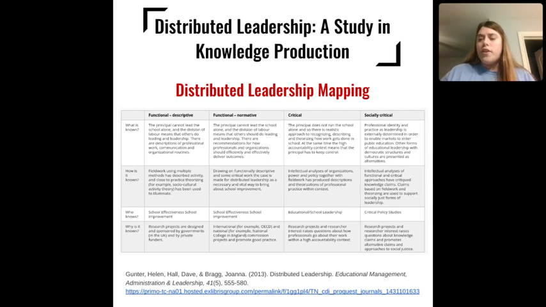Positions are identified from within the field: functional, descriptive and normative, critical, and socially critical. For each position, they examine the purposes, rationales, and narratives within selected texts that illuminate knowledge claims about what is known, what is worth knowing, and how it is known, and who the knowers are.